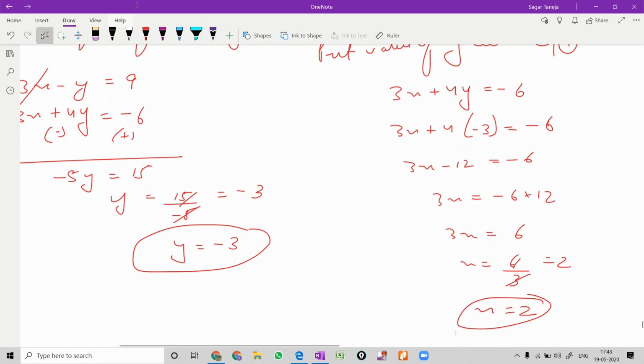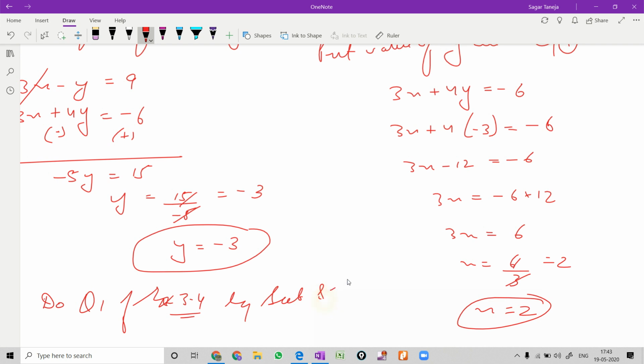So your homework on this basis is to do question number 1 of exercise 3.4 by substitution and elimination method. Moreover, with this you can solve the examples if any are given.